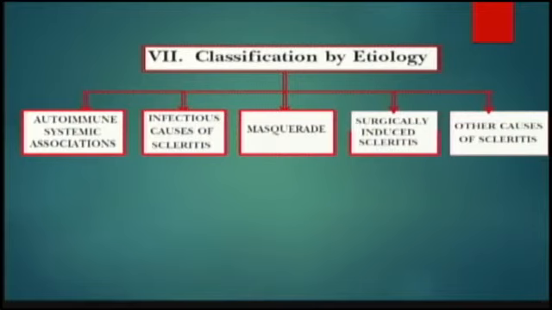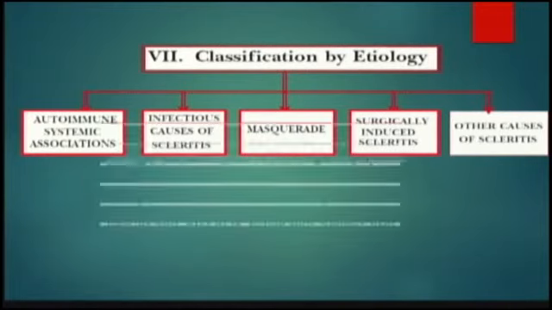Surgically induced scleritis could be infectious, sometimes autoimmune, but in both cases you need to take a culture and deal with it as infectious until you rule it out. So the diagnosis will be with the culture. If not, maybe you need to take a biopsy to rule out any infectious organism.